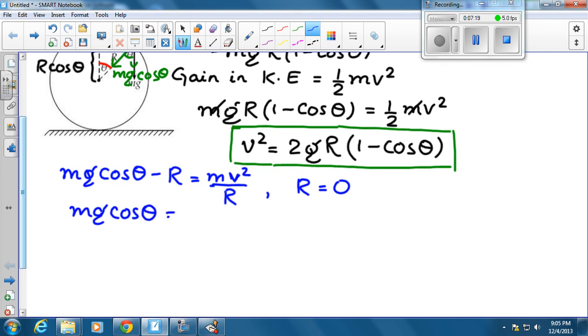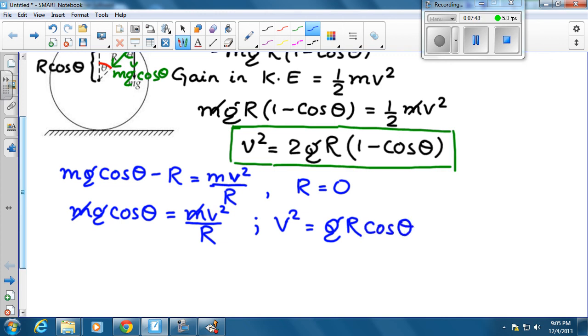Since R is 0, you get mg cos theta is actually equal to mv squared over R, and then you could cross out the m's. So from here you could get an equation: if you cross multiply, v squared is equal to gR cos theta.